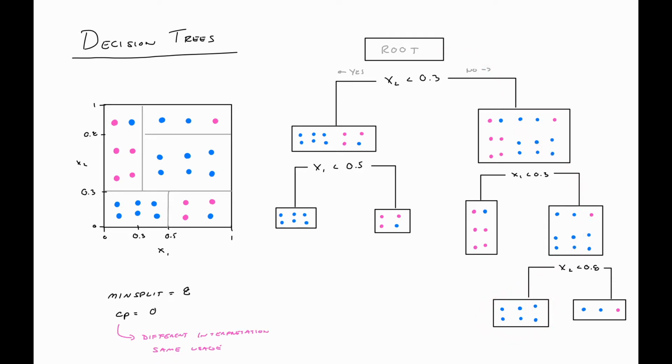Okay, now let's ask some really silly questions. If x1 is 0.5 and x2 is 0.5, which is here, should we predict blue or pink? And again, I think you're all yelling at your computer monitors, well blue, right? There's only blue in that region, so blue seems to make the most sense. You wouldn't be wrong.